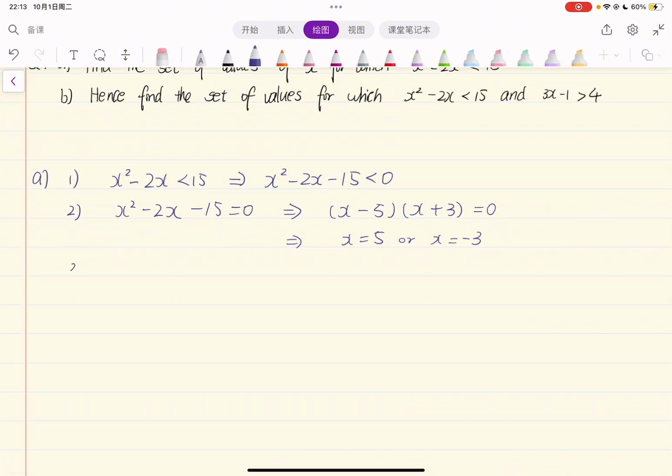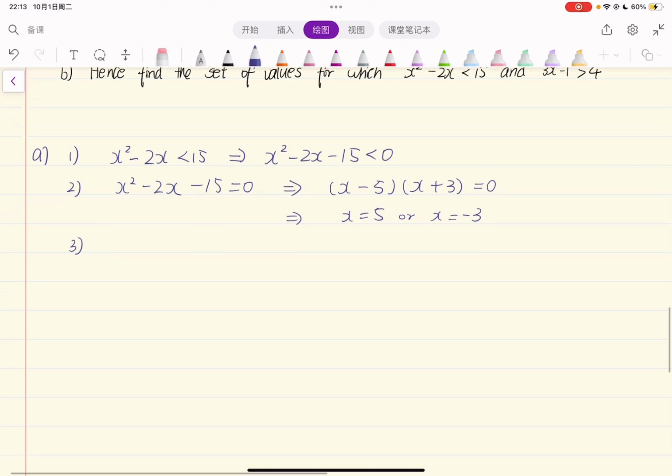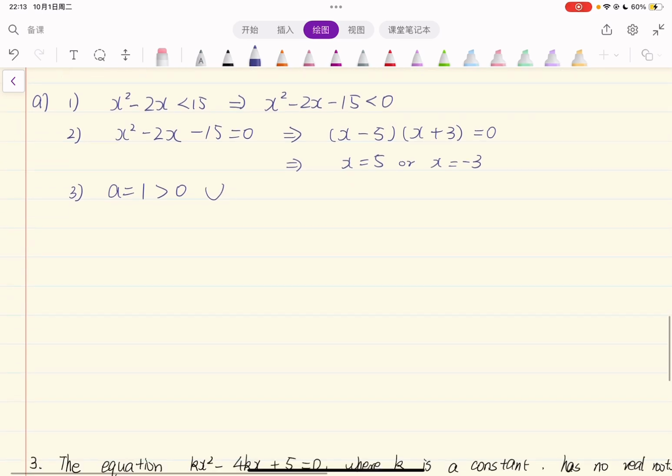And in this third step, we need to sketch the graph of this quadratic function. We can see in this quadratic function, a equals 1, which is greater than 0, which means you have a smiley face. And then we can sketch the graph.